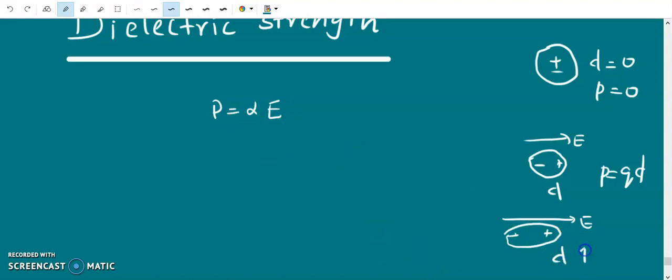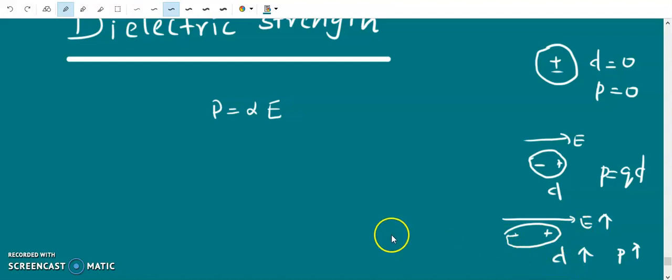So d also increases, P also increases when we increase the electric field. When the electric field is increased, the molecules of the dielectric undergo more and more stretching, and the distance between them increases.